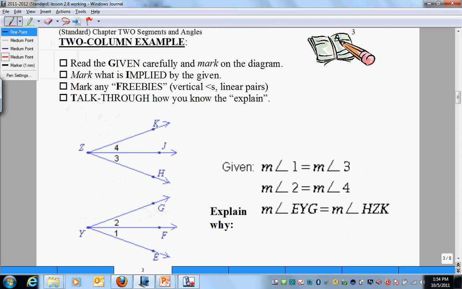We're going to follow GIFT just like before. It says read the given carefully and mark on the diagram. Angle 1 is equal to angle 3, so I sweep 1, I sweep 3, hatch, hatch. Do that with me.